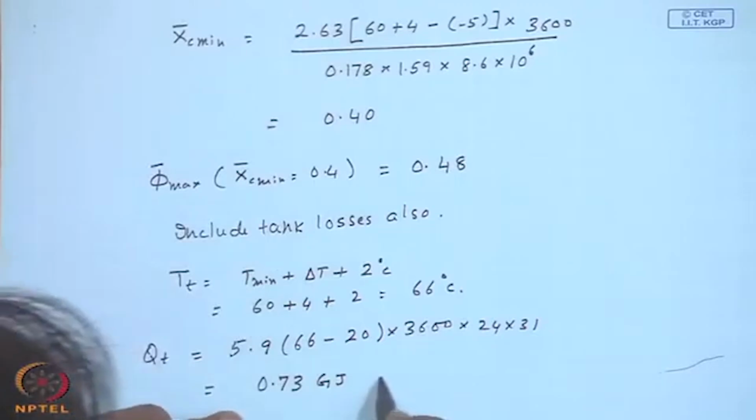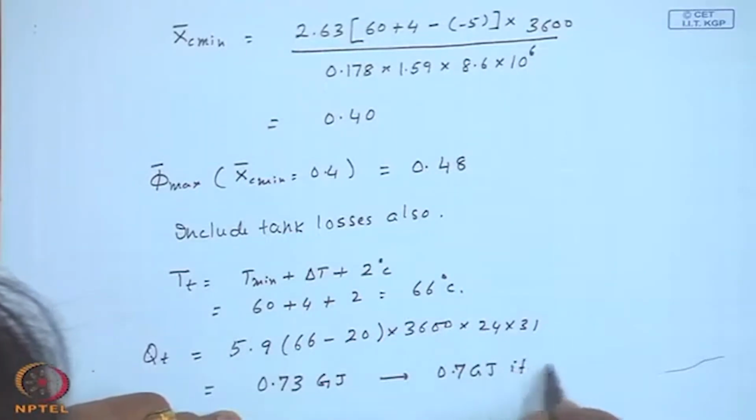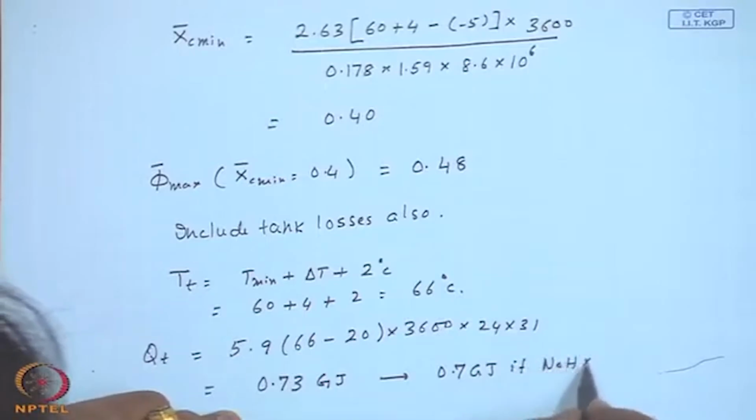We got earlier this was 0.7 gigajoules if no heat exchanger.